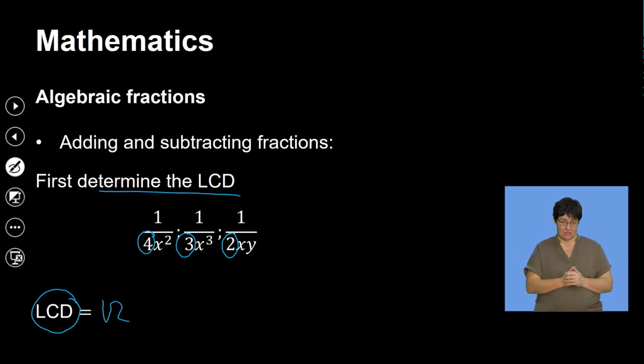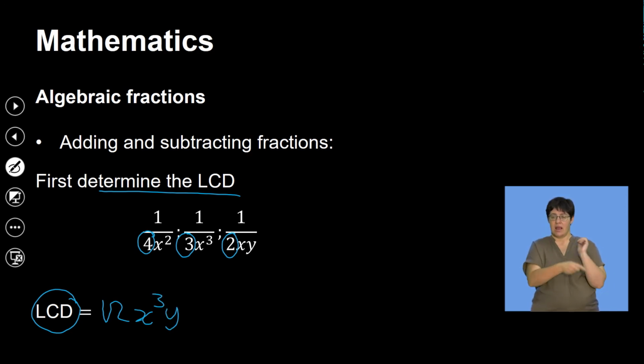That we do know. Because 4 multiplied by 3 is 12, so 4 is divisible in there, 3 is divisible in there, and 2 is divisible in there. Then from there, x squared and x cubed. I know that x cubed has x squared in it and also has that x there, so it becomes x cubed, and then I also need a y because the last one has a y, right?